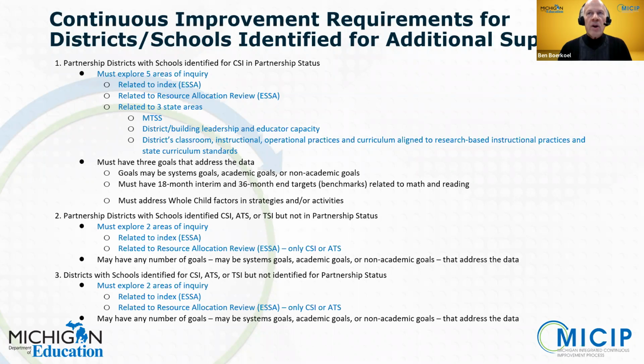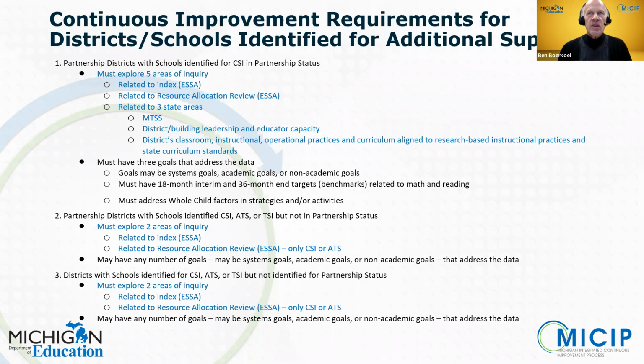If you are part of a partnership district, that your school has been identified for CSI, ATS, or TSI, but you are not what's called partnership status, then you need to explore these two areas of inquiry, just the federal areas. And what these are, are schools that are part of a district who already has schools that are in partnership status, so that you don't have to respond to multiple areas of the department.